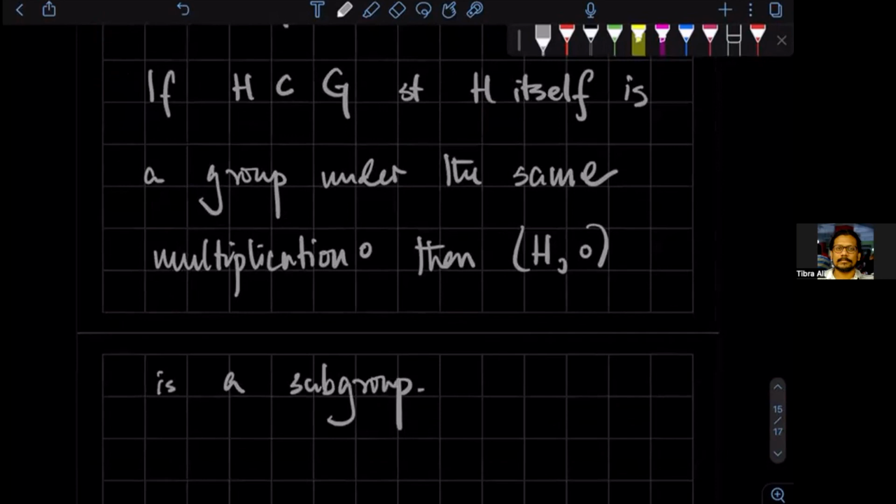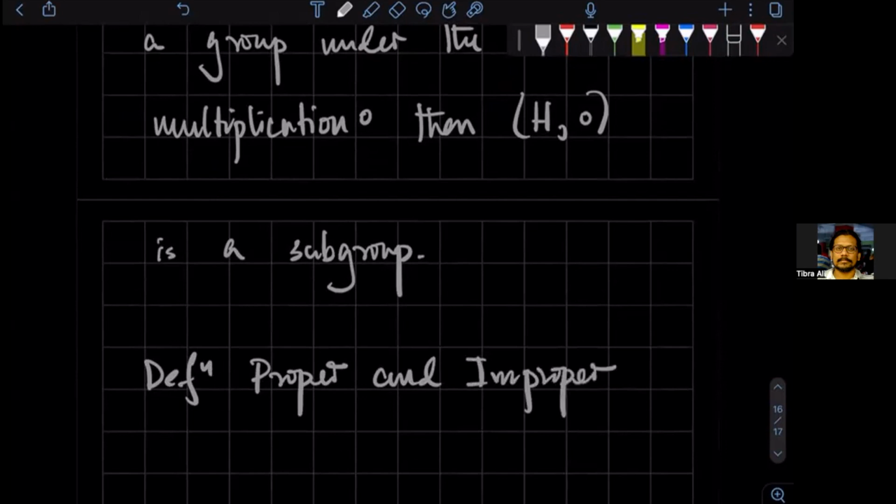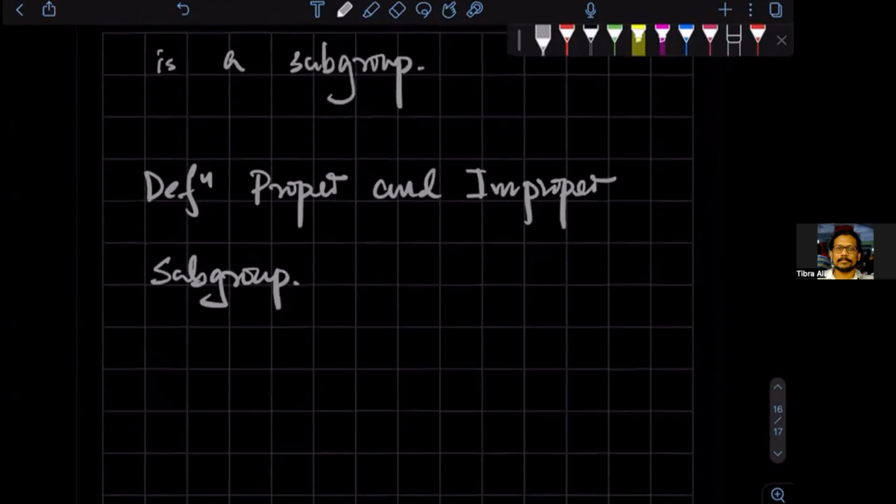So we should define along with this what is a proper subgroup. And it's very, very obvious.